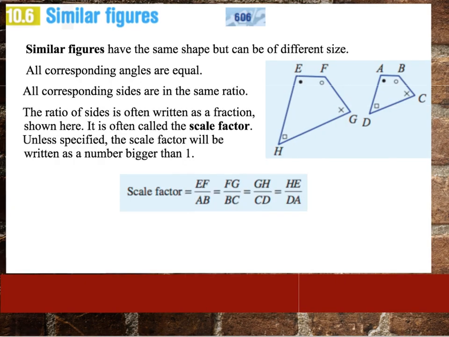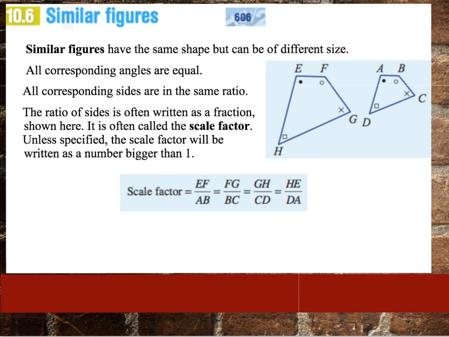Now the ratio of sides is often written as a fraction, shown here at the bottom. It's often called a scale factor. Unless we specify, the scale factor will be written as a number which is bigger than 1, which means I'm always going to pick the big figure over the small figure.